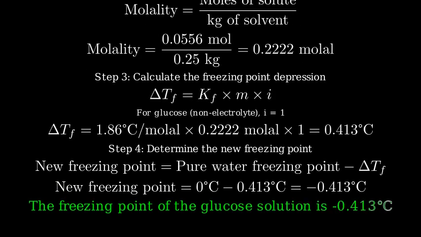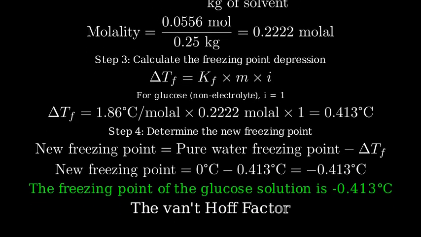The freezing point of the solution equals the freezing point of pure water minus ΔT_F. The freezing point equals 0 degrees Celsius minus 0.413 degrees Celsius, which equals negative 0.413 degrees Celsius. So, the freezing point of the glucose solution is negative 0.413 degrees Celsius.